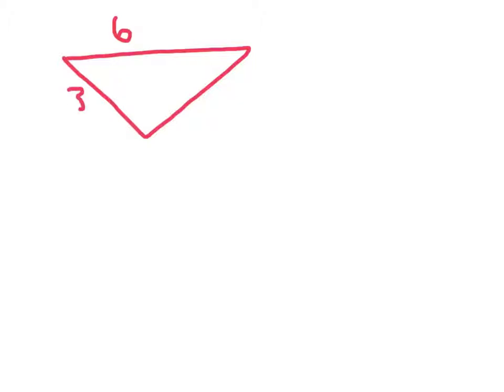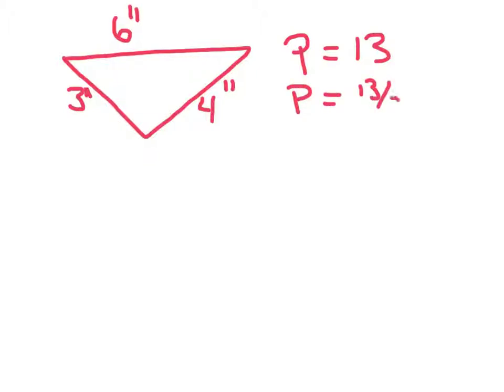So let's look at an application problem. Let's say I had an area problem, and this was a 6, 3, and 4 inch triangle, and I wanted to find the area using Heron's formula. The first thing I would do is find the perimeter. Perimeter is 13. Then I would find half the perimeter. That's 13 halves.